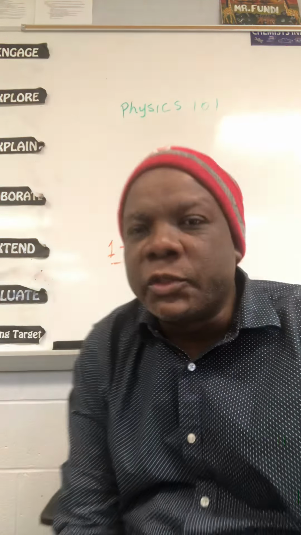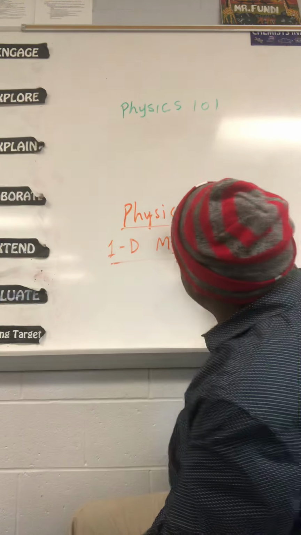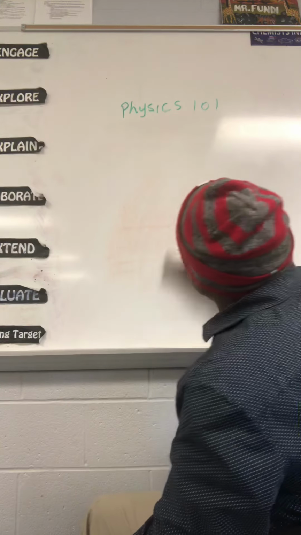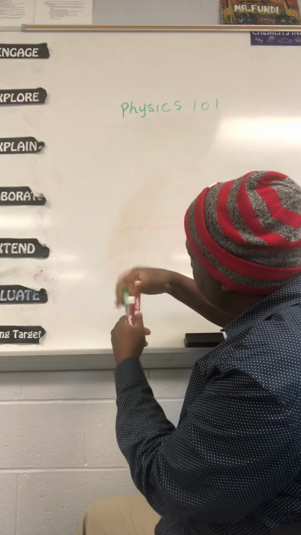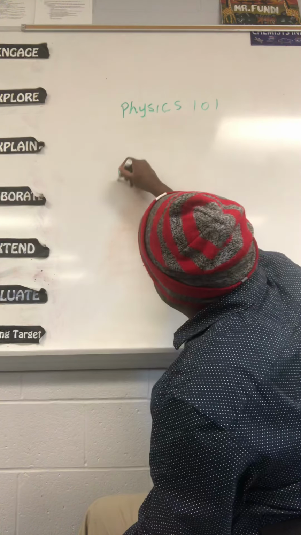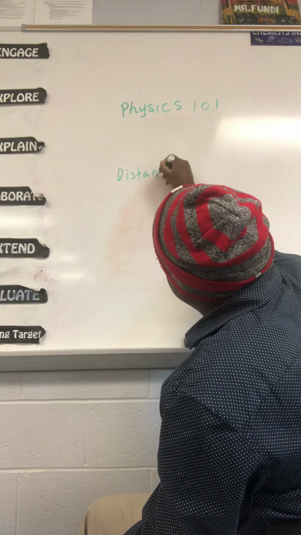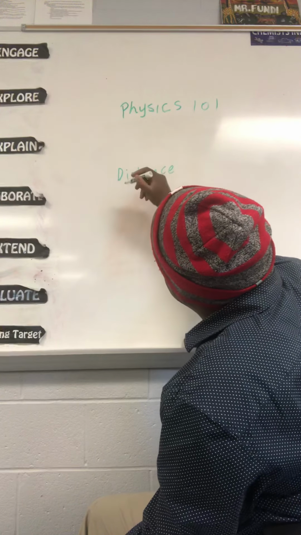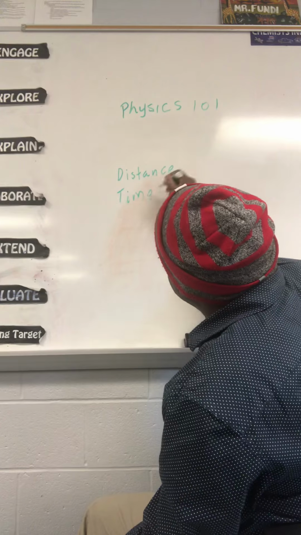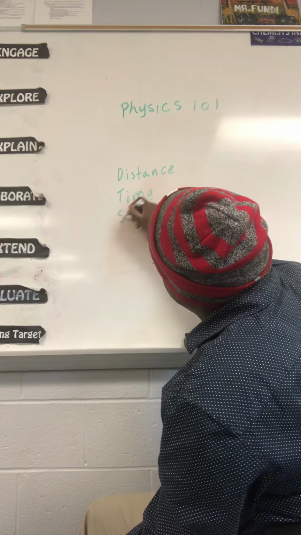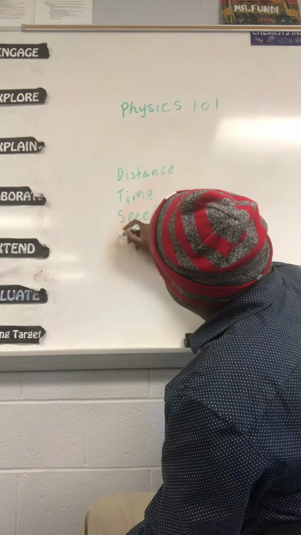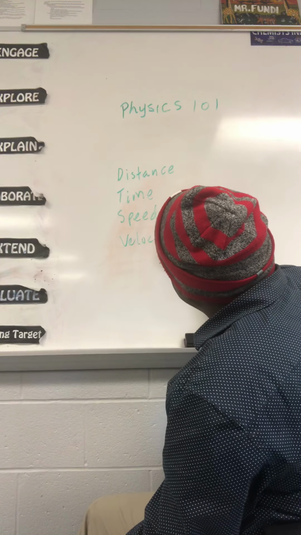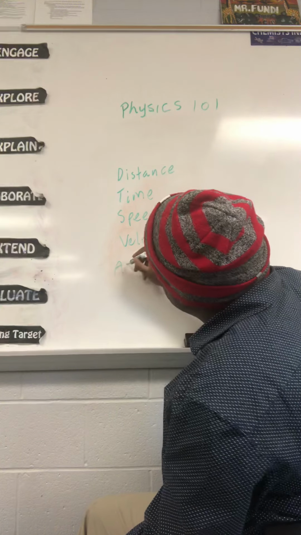When we talk about motion, there are a couple of variables that we will be looking at. This is 1D motion. We'll be looking at things like distance, time, speed, velocity, and acceleration.